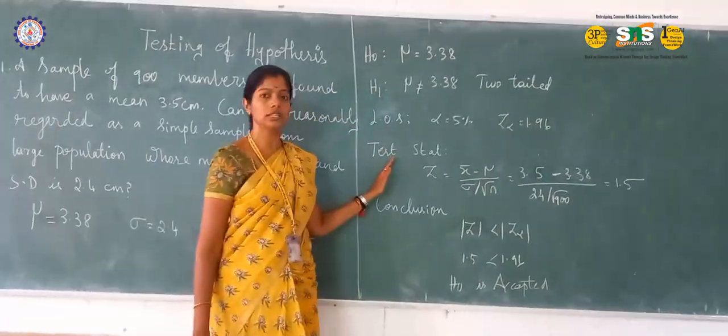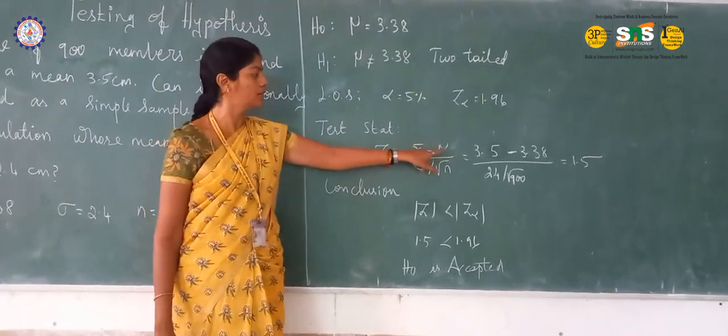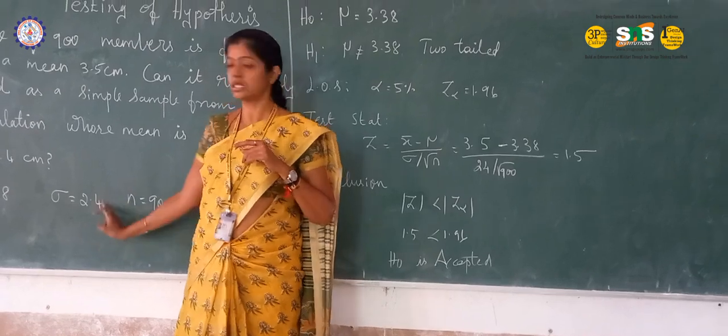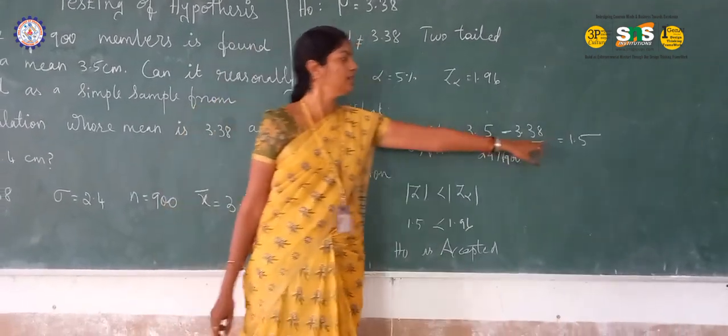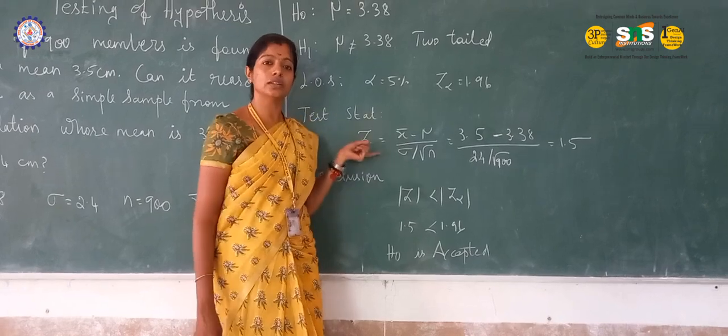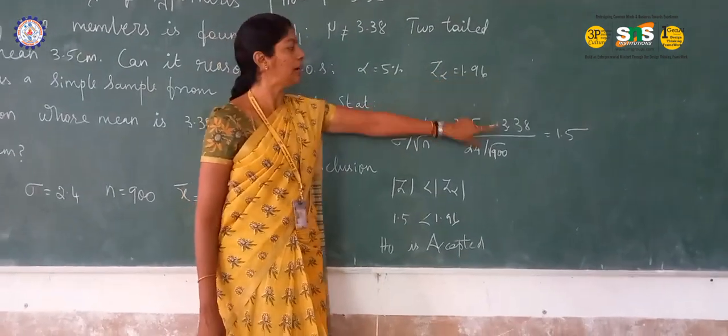Next we move to the test statistic. This is the formula: Z equals x bar minus mu divided by sigma by root n. We have all those values here, and applying them we get 1.5. So in total we have two values: one is the test statistic, another is the table value. We have to compare these two.